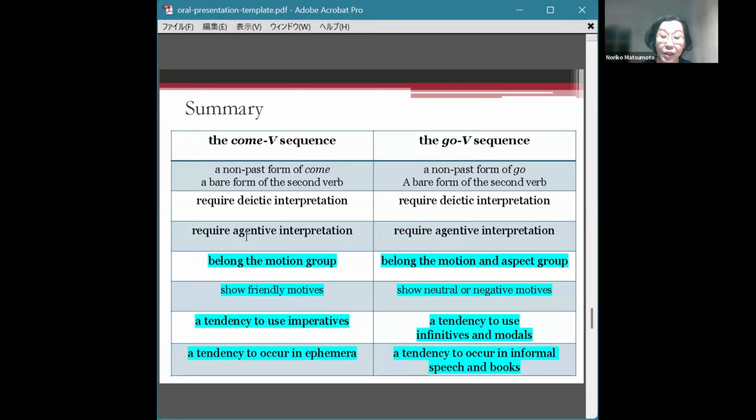Even though can and go don't always entail agentive interpretation in other uses, the major difference between them concerns their pragmatic purposes or effects. The can-be sequence conveys friendly or inviting motives, whereas the go-be sequence conveys neutral or sometimes negative motives.